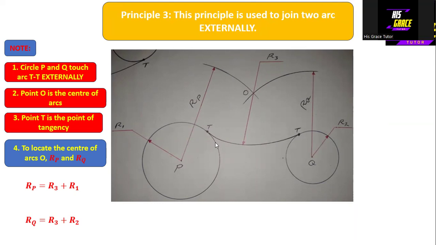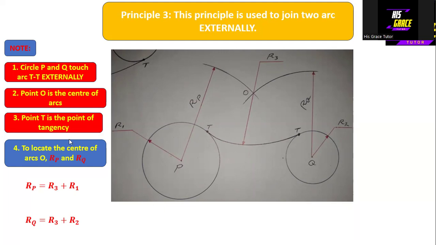The circles P and Q touch arc TT externally. Another point we need to note is that point O is the center of arcs. Then point T is the point of tangency.